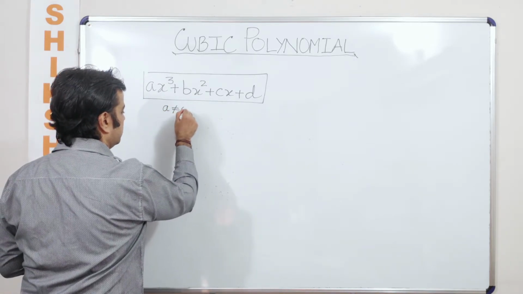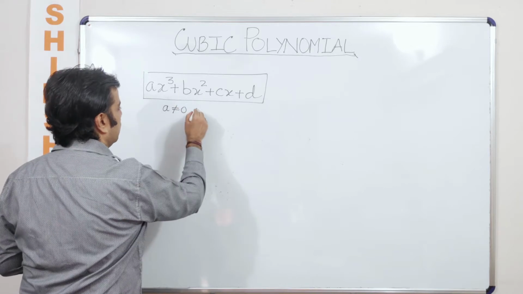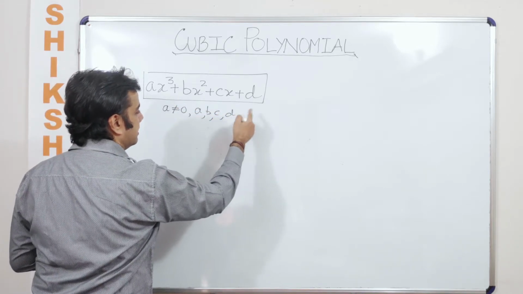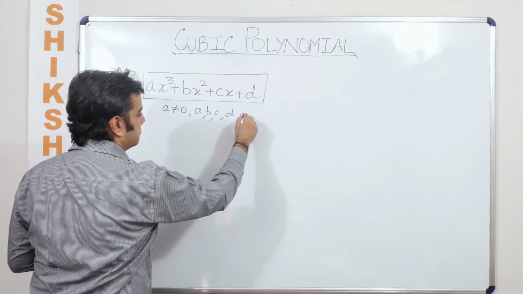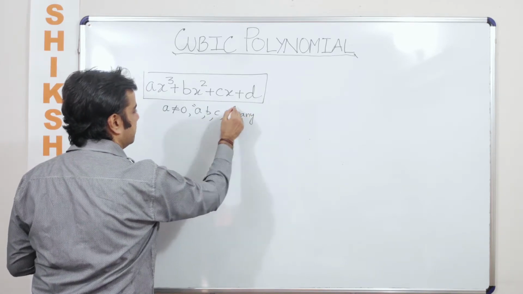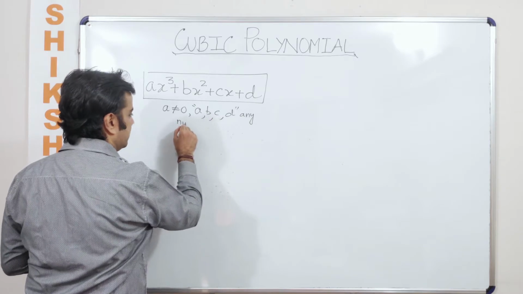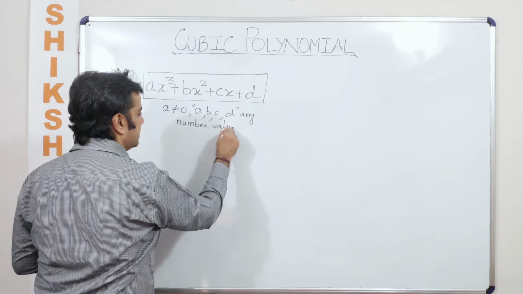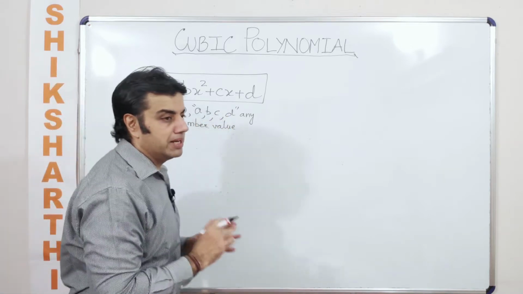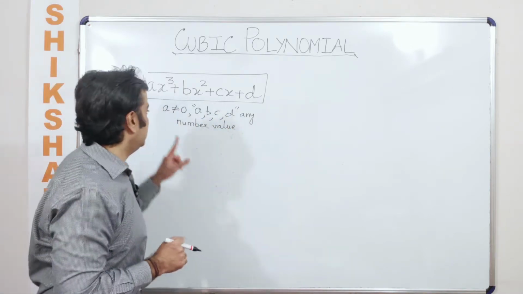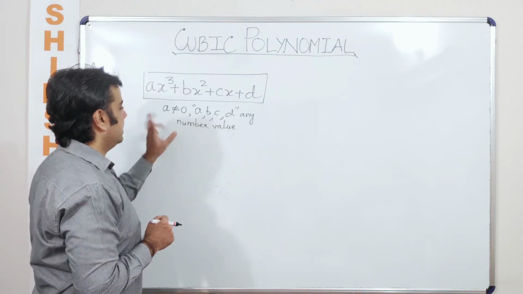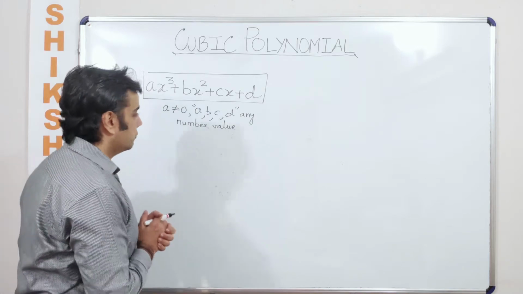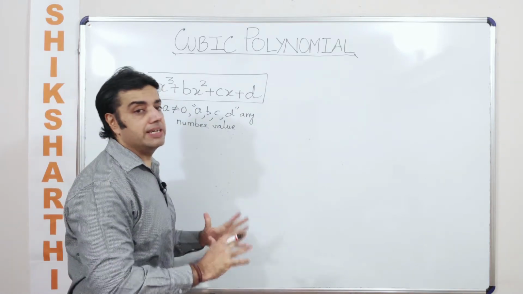a is a non-zero term first, and along with this a, b, c and d can be any number value. Now when I say any number value, when I am talking about real numbers, in that case a, b, c, d become real values, wherein a can take all real values except for 0, and b, c, d, which are the constant terms, along with a, can take any real value.